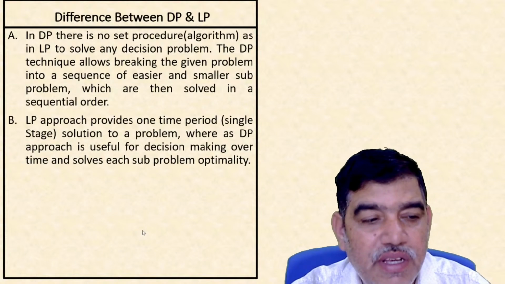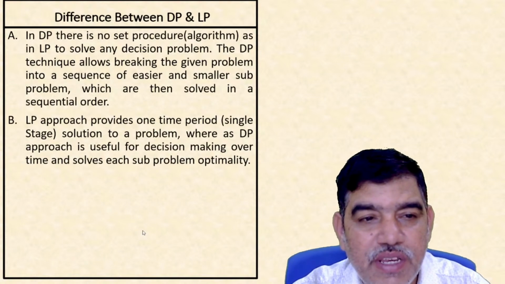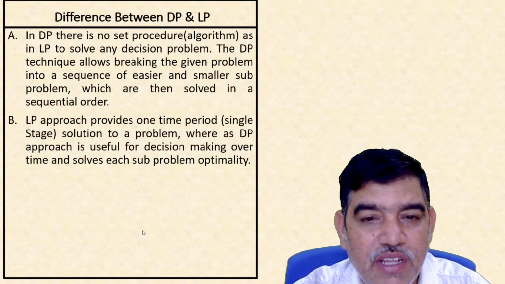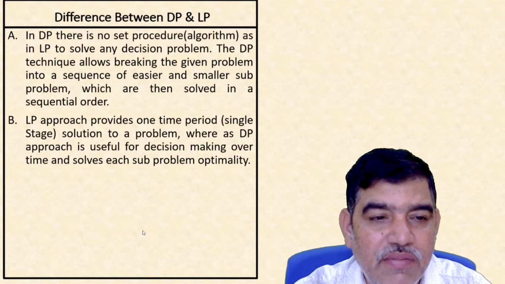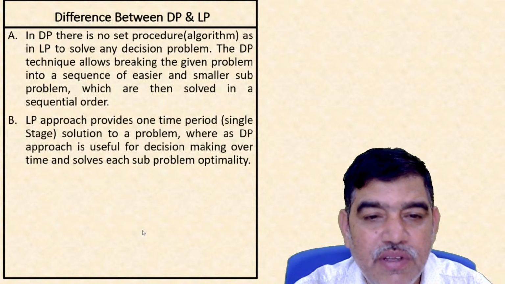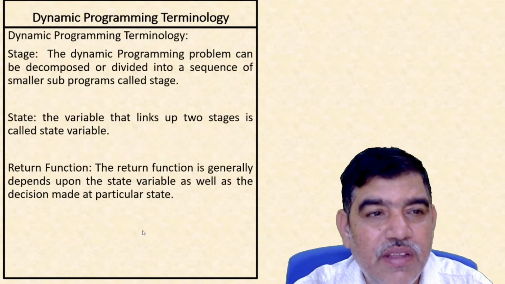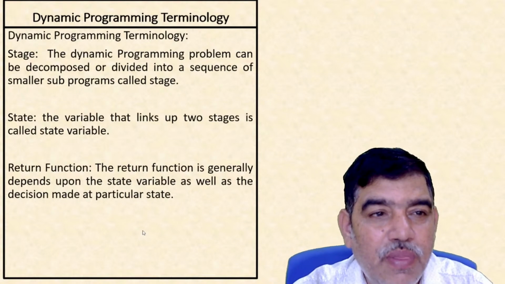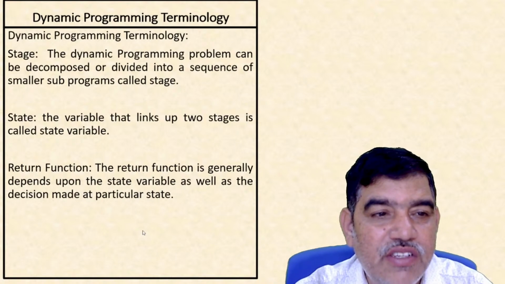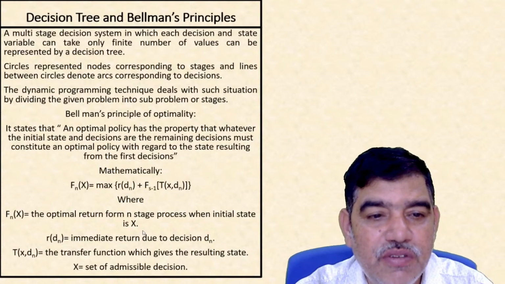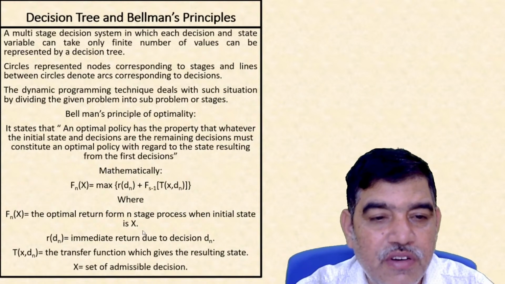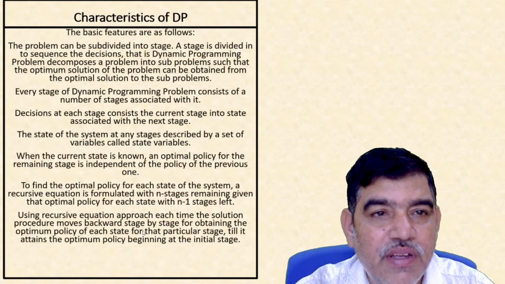And the linear programming approach provides a one time period solution to a problem, whereas the dynamic programming approach is useful for decision making over time and solves each subproblem optimally. Then we learned the important terminology. One is your state and return function. Then what is actually a decision tree and Bellman's principle to find the optimal solution.